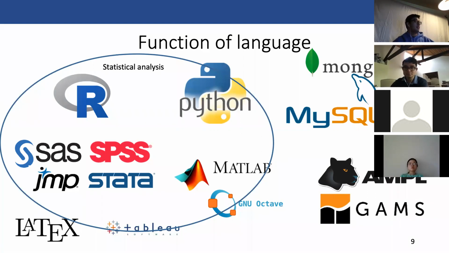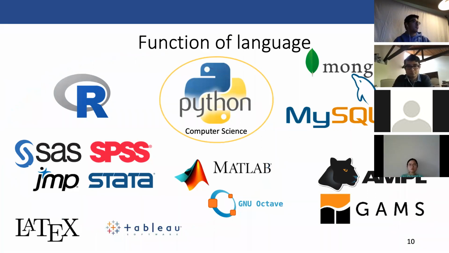R is mainly based in the statistics community. It's exploded over the last decade, but originally it was meant to do statistics analysis. Python originated in computer science.